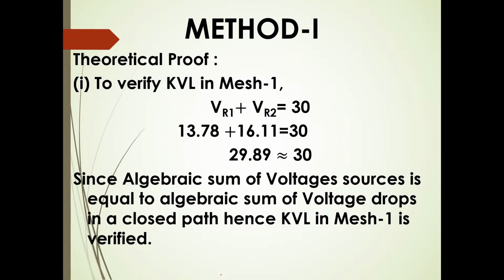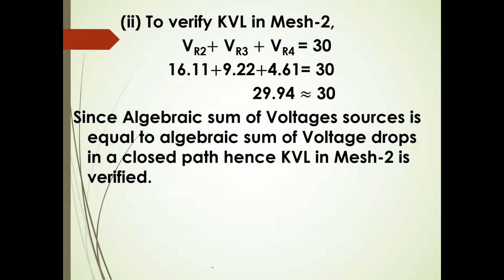Now let us verify KVL in mesh 2. What is the mesh equation that we have written earlier? VR2 plus VR3 plus VR4 is equal to 30.